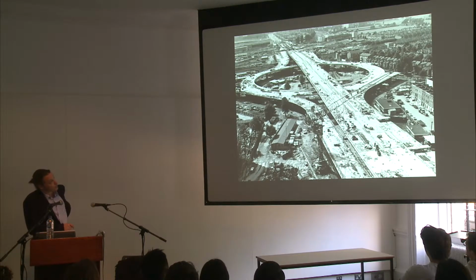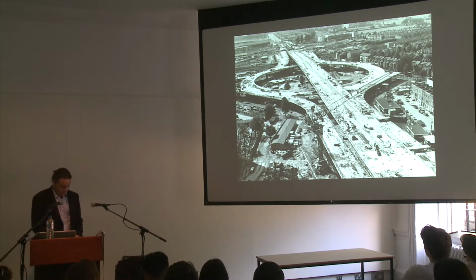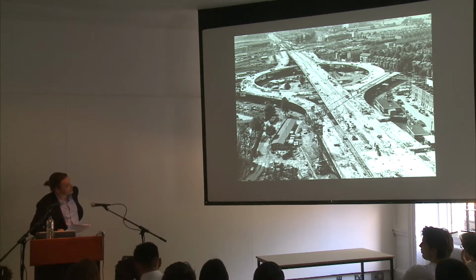The same we have in London. This is an image of the Westway. When it was built, it was really quite controversial. It's a 3.5 mile or 5.6 kilometer long elevated dual carriageway moving from Paddington to Kensington.